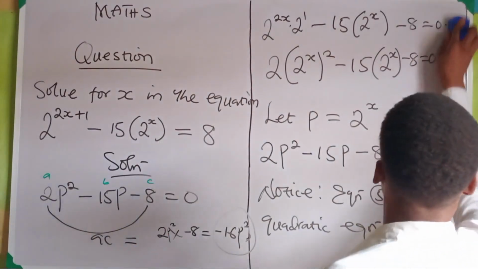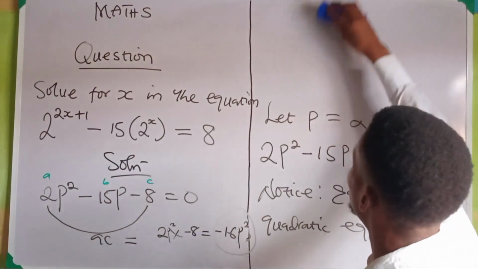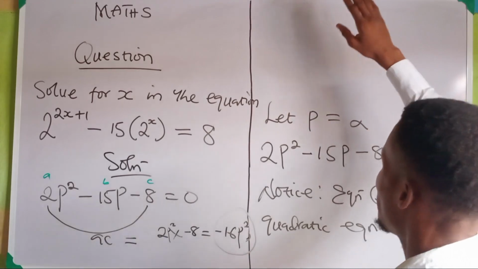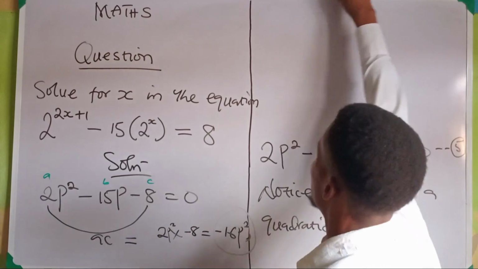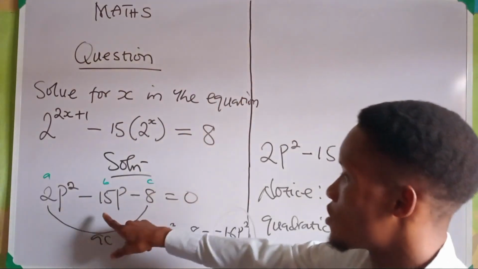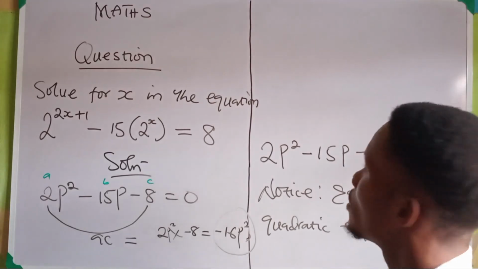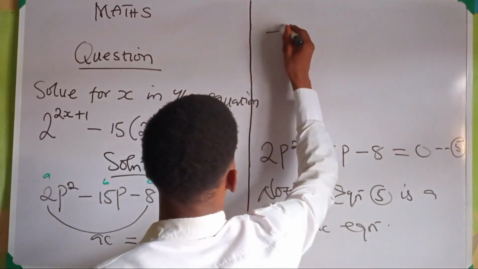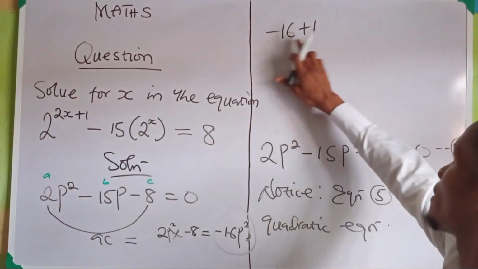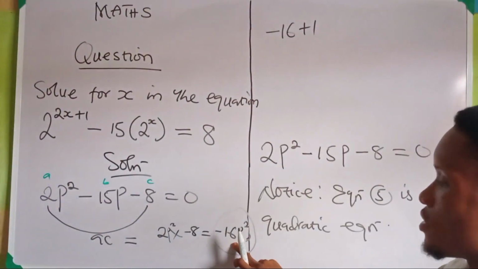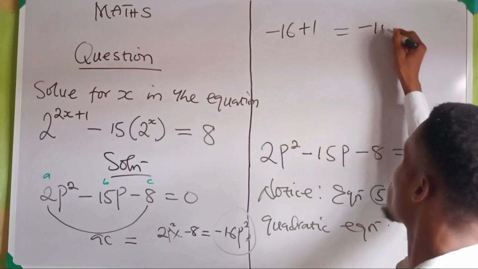You can think and get the two numbers that, if you multiply them, give you the product you got there, and if you add them together, give minus 15. The two numbers can be minus 16 and plus 1. If you multiply them, you get minus 16, and if you add them together, you get minus 15.